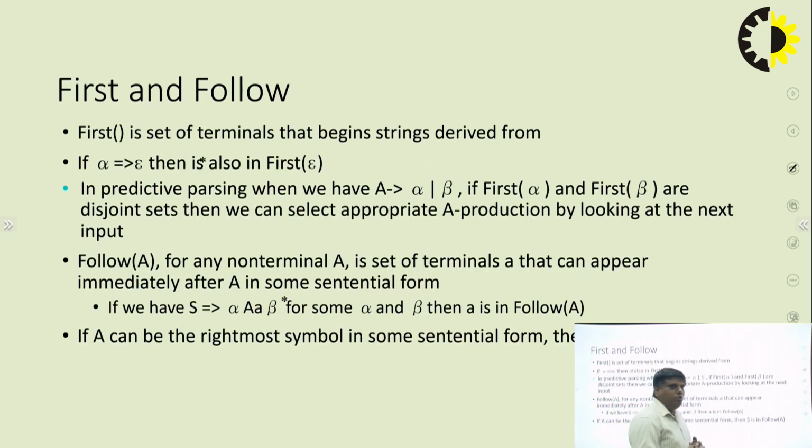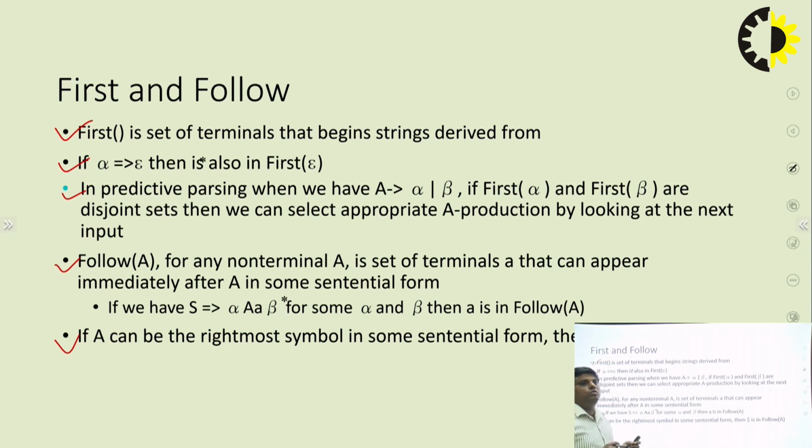Now we move on to how to compute the First and the Follow of the given context-free grammar. There are mainly five rules by which we can compute the First of any given context-free grammar. Now, what is the First?